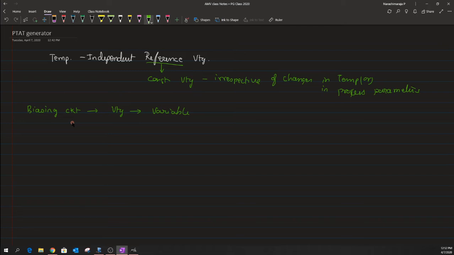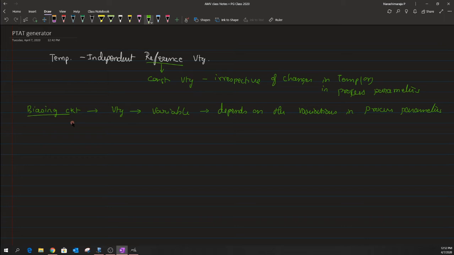They tend to have a variation, and these variations depend on the changes in the process parameters. This is something I'm just trying to recall of what we have discussed before.